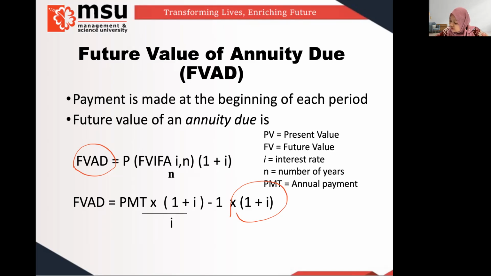All right, so just now we are referring to this payment multiply with FVIFA, only these two. But now, because this payment happens at the beginning of each year, we have to multiply with another one, which is 1 plus i.